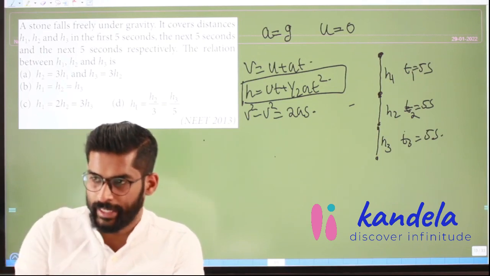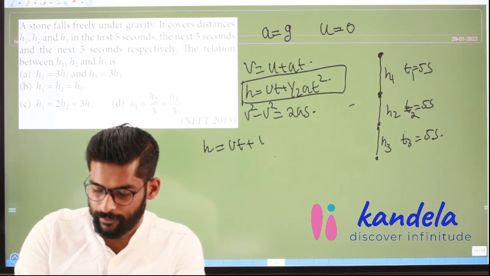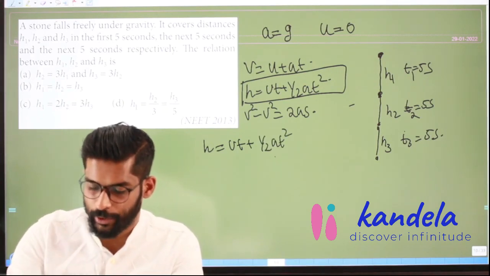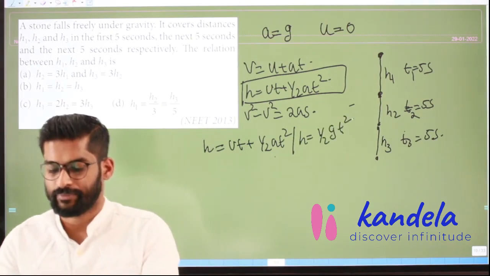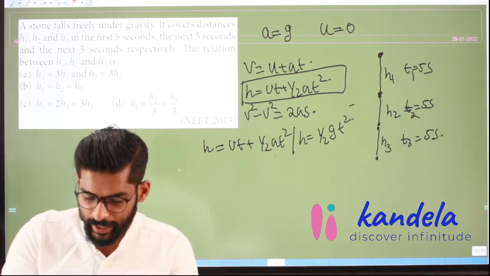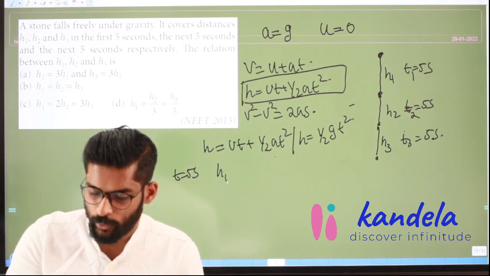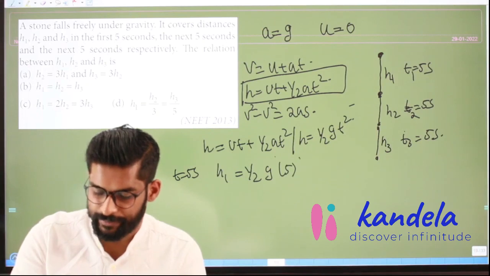So my h is ut plus half at square. Substituting our values for a and u, I get h is half g t square. In time t equal to 5 seconds, it covers h1 distance. So h1 is half g into 5 square.